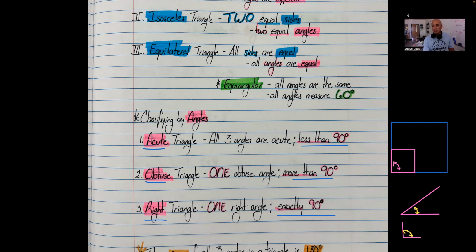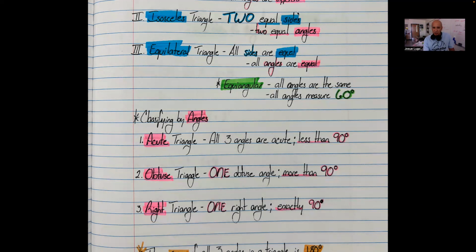So with that in mind, ladies and gentlemen, an acute triangle is a triangle where all the angles are less than 90. All the angles are smaller than this degree of openness. This would be a 90-degree angle right here. So in an acute triangle, all the angles are less open than this much.